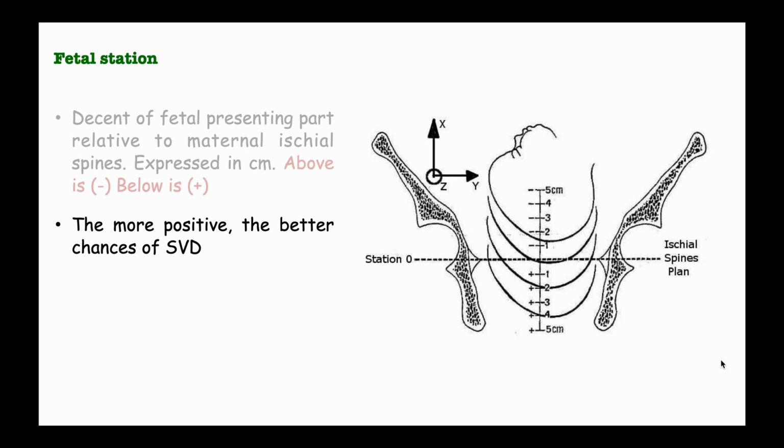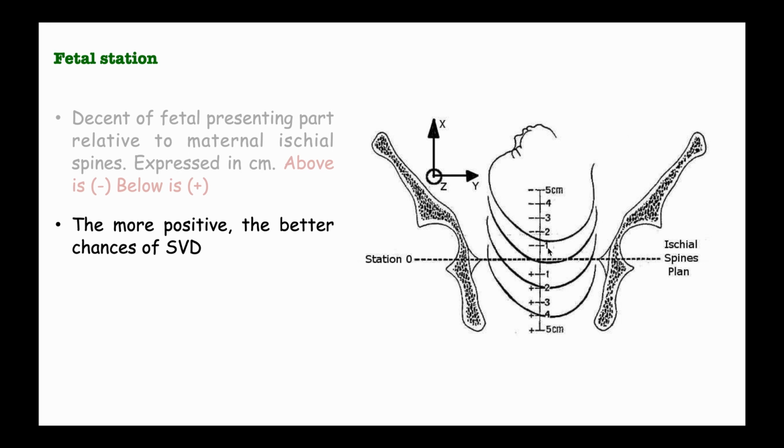Now, when we look at this diagram, this is the ischial spine, and these are the various stations of the fetal head. And so when we do vaginal examination and the fetal head is at the ischial spine, it is said to be at the 0 station. Now, when we find the fetal head above the ischial spine, it is said to be negative.